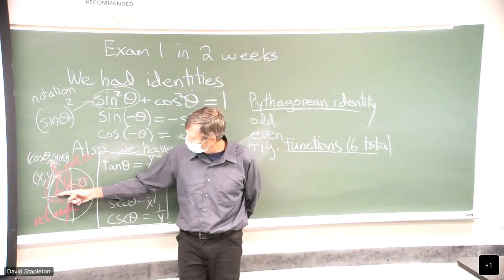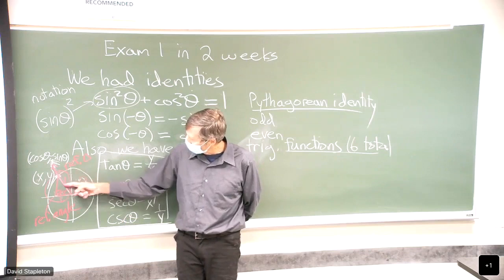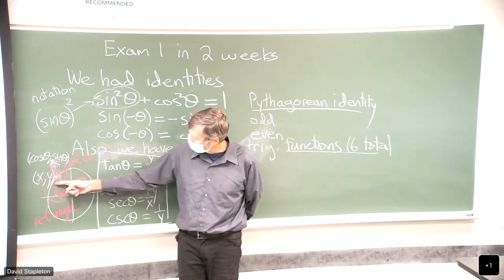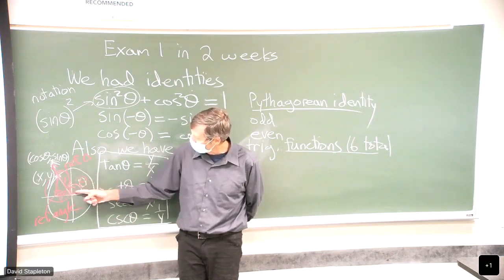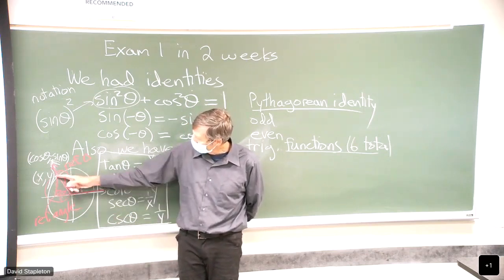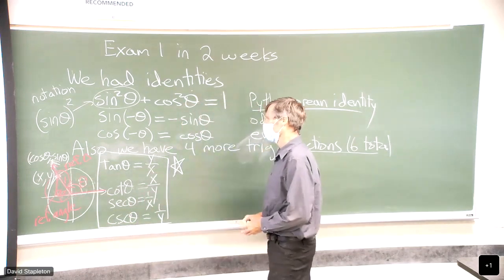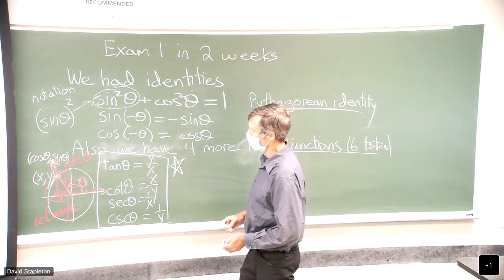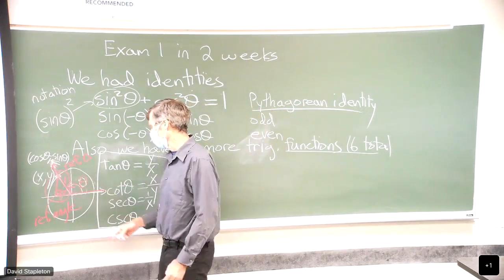The cotangent is the x to the y. Secant is this side to this side, and cosecant is this side to this side. All possible ratios of the 2 coordinates and the radius in the triangle, with some of these marked as negative, is what the 6 trig functions are. So I guess that's why there's 6: there's 6 possible ratios of the coordinates and the radius 1.